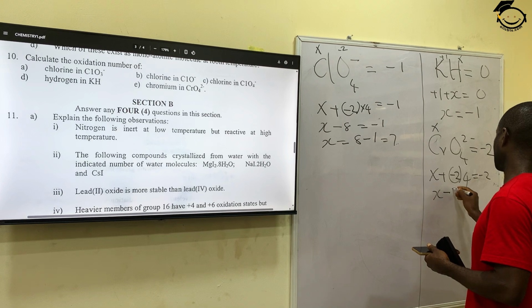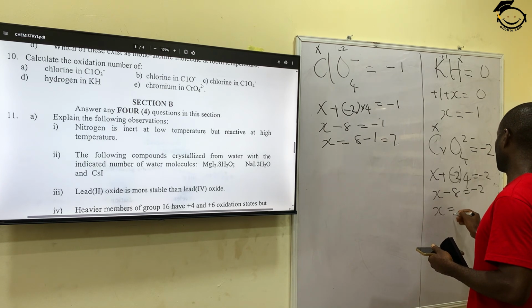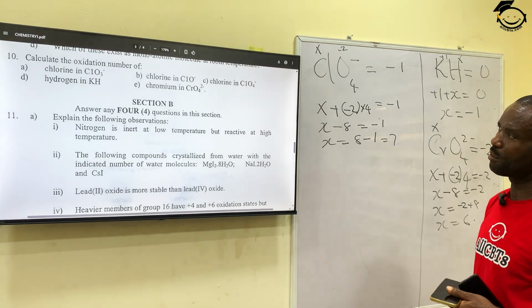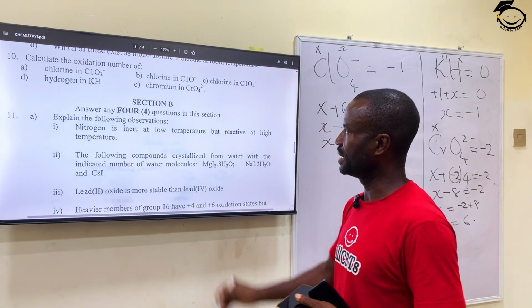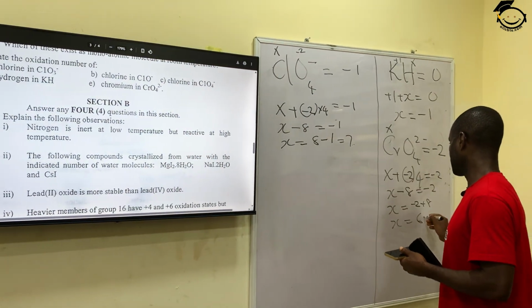X minus 8 equals minus 2. X is therefore minus 2 plus 8. Therefore, X equals 6. So the oxidation number of chromium in CrO4 2 minus is plus 6.